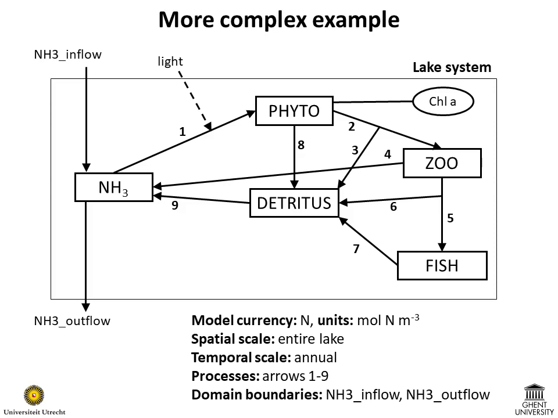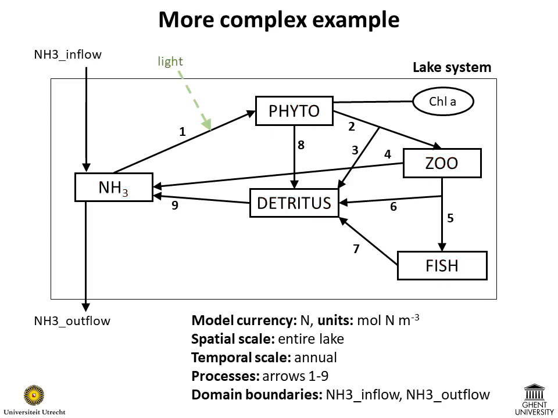Here, the lake system is represented by the box, with smaller rectangles representing the state variables that encapsulate the modeled nitrogen compartments in the system. These include dissolved ammonia in the water column, nitrogen concentrations in the main biological trophic compartments, and free floating detritus.